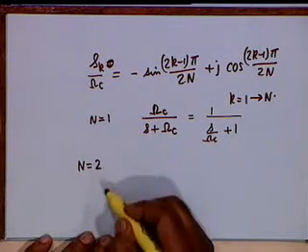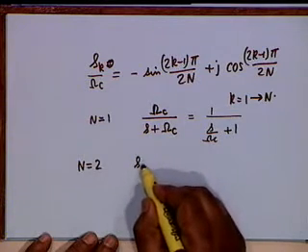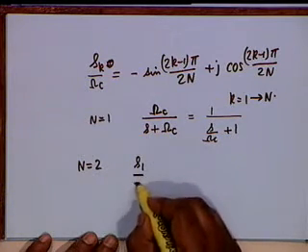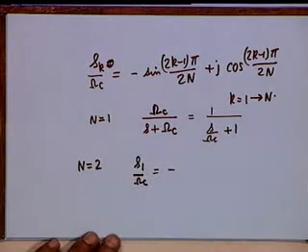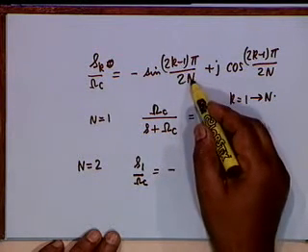Take n equal to 2, then s_1 divided by omega c shall be equal to minus sine, put k equal to 1, pi by 4, right, 2 times 2 is 4.